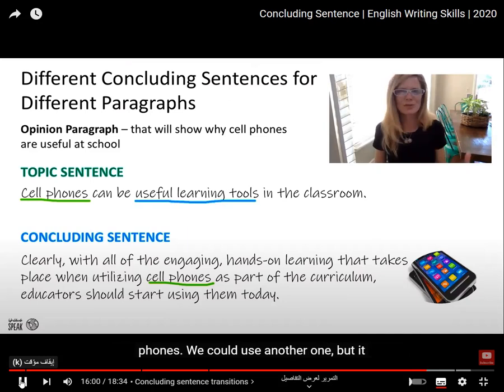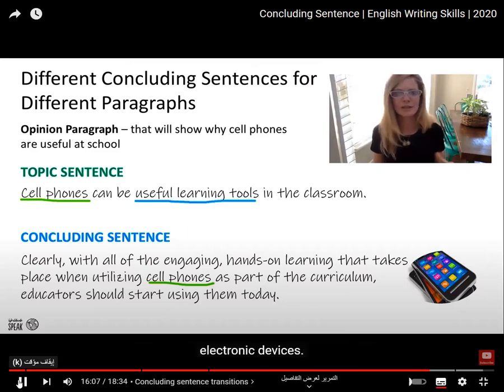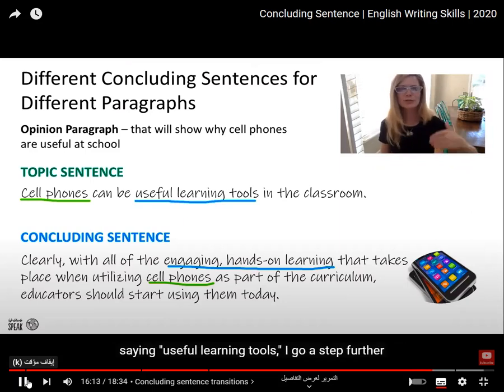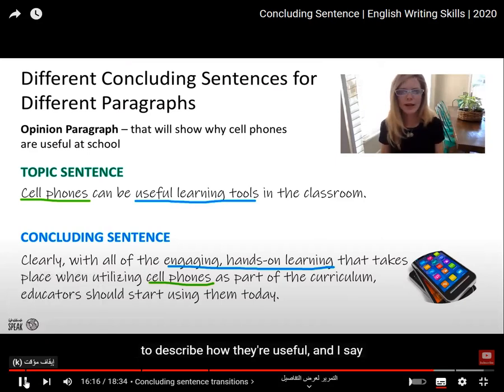We could use another one, but it might actually be a little confusing because we were specifically just talking about cell phones and not all electronic devices. And then the controlling idea, instead of saying useful learning tools, I go a step further to describe how they're useful. I say that they're good for engaging hands-on learning.